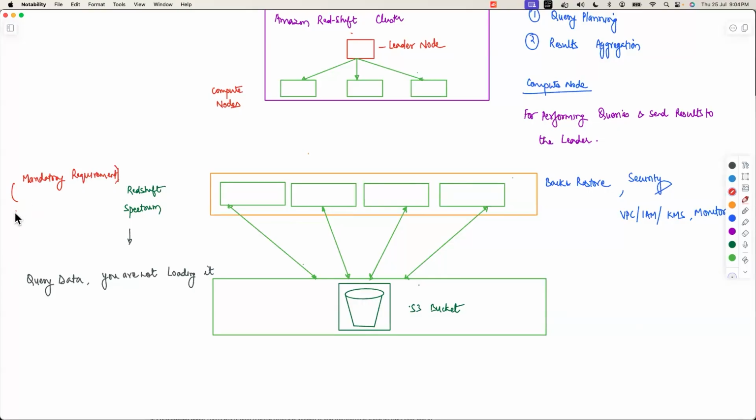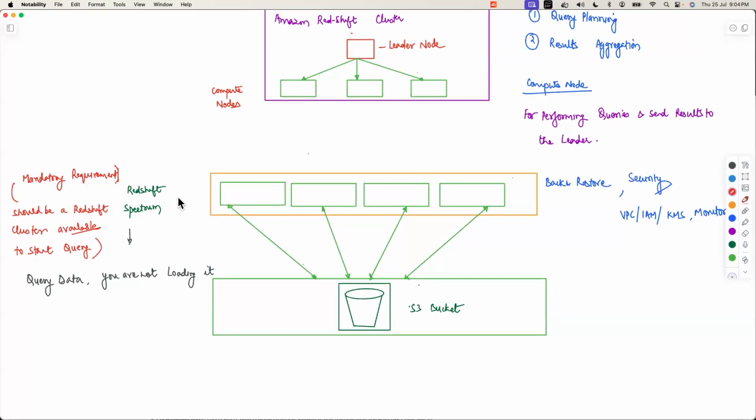That there should be a Redshift cluster in place, right? Available. There should be a Redshift cluster available to start the query, right? If there is no cluster starting the query, this will not work, correct?